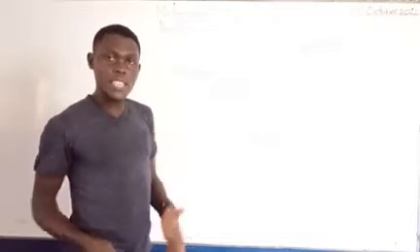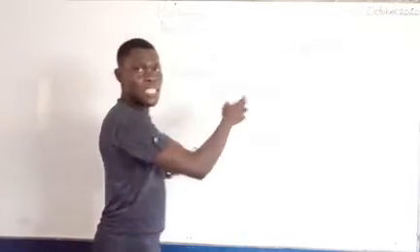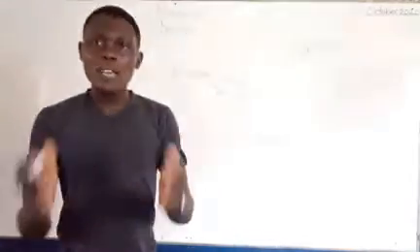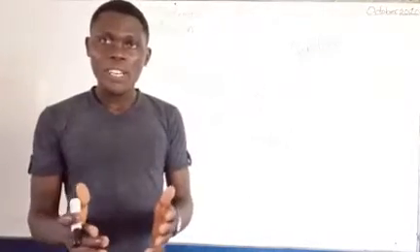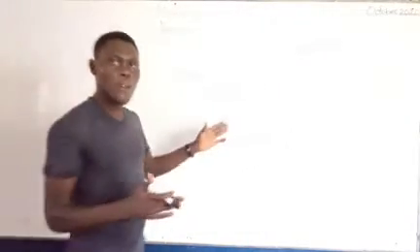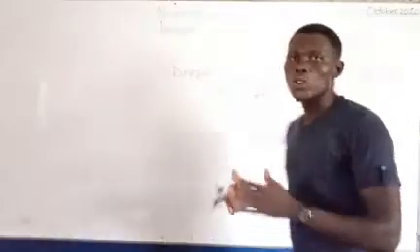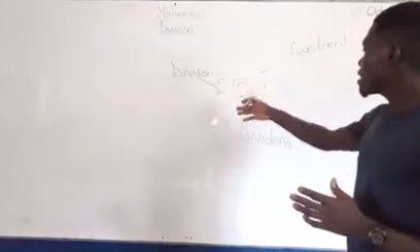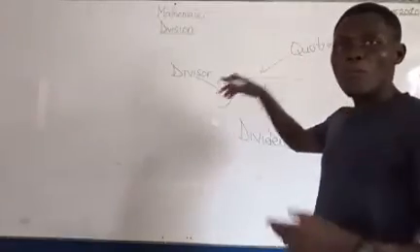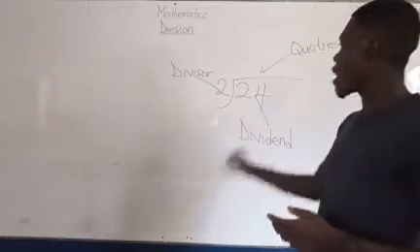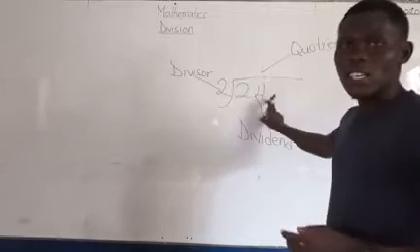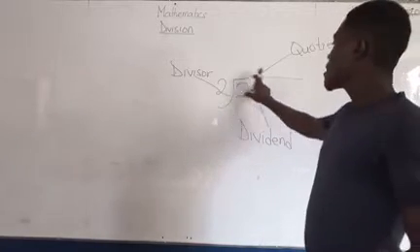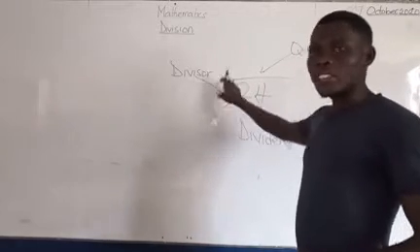I'm going over it again. The dividend is the amount of items that you are going to share, and the divisor is the number of people.